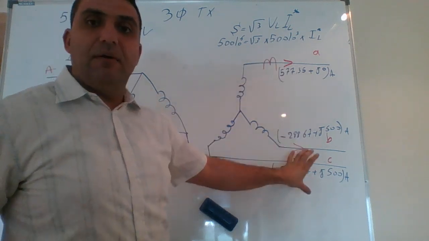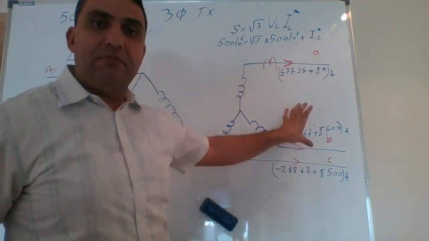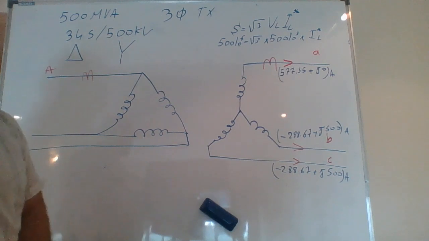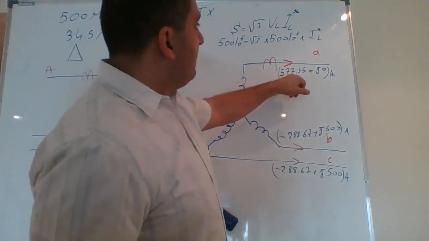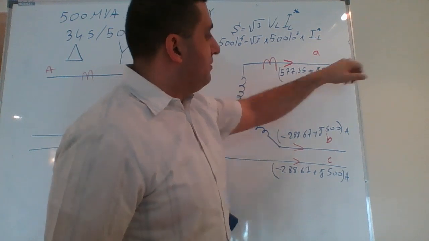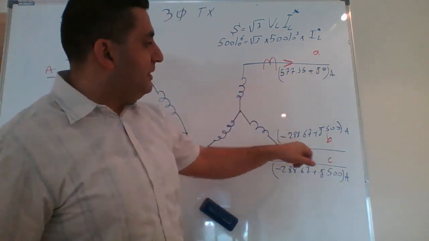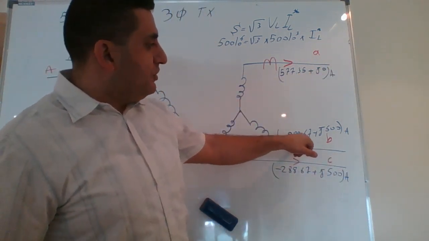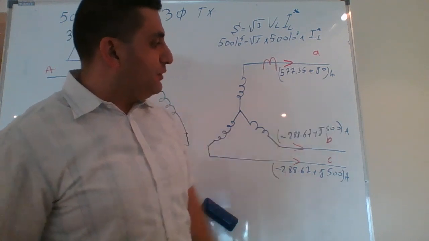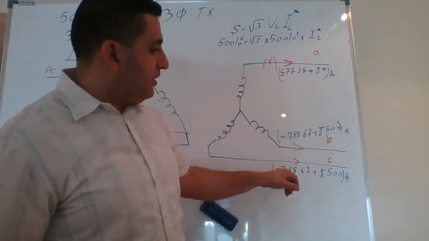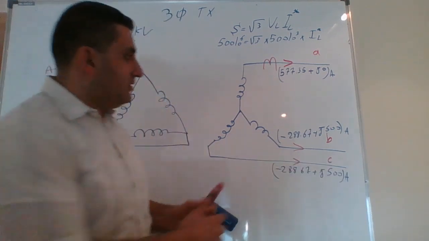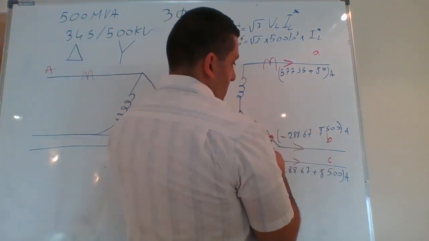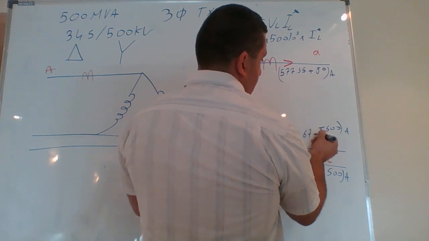I added 120 degrees for phase C and minus 120 degrees for phase B, and I put these answers. IA is 577.35 plus J0. The current IB is minus 288.67 plus J500. And IC is minus 288.67 plus J, sorry, this has to be minus J500.